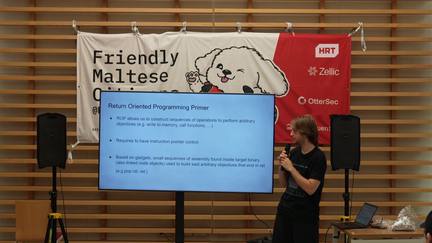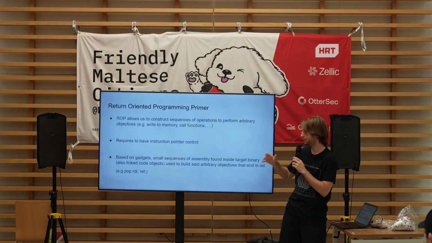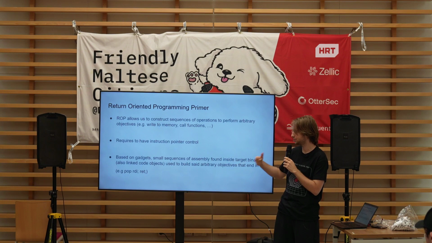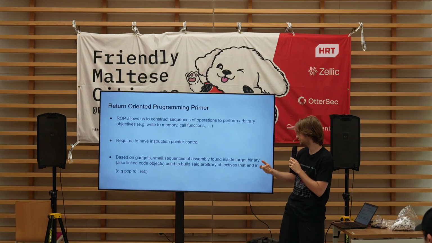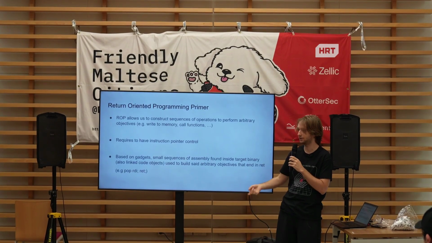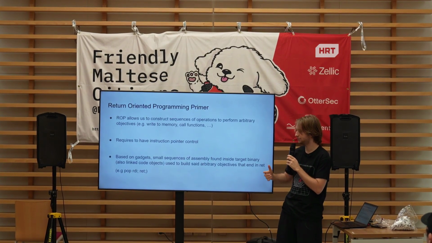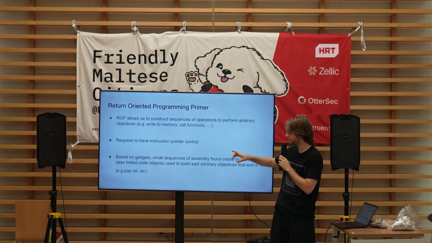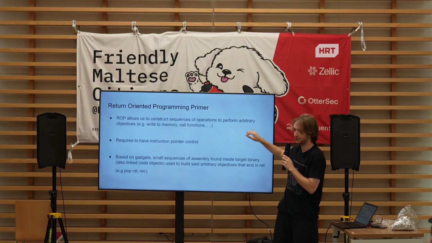It requires us to have instruction pointer control, which is what we have. And the fundamental unit of ROP is gadgets, which are small sequences of assembly instructions found inside either the target binary or some linked libraries, essentially anything that's inside the process runtime. We can use those to construct the arbitrary objectives that we want.